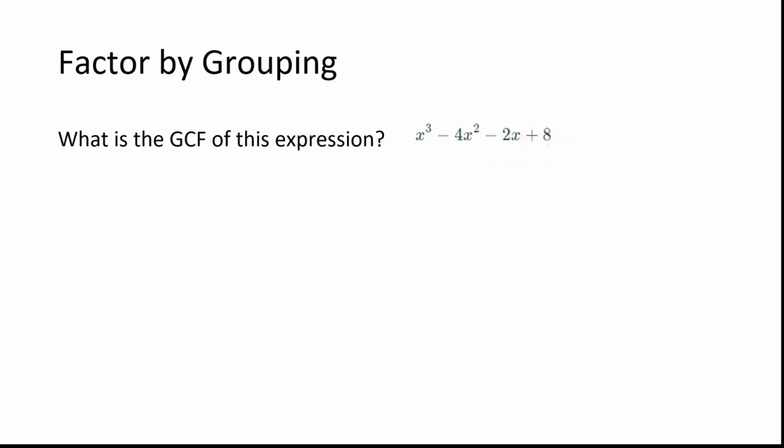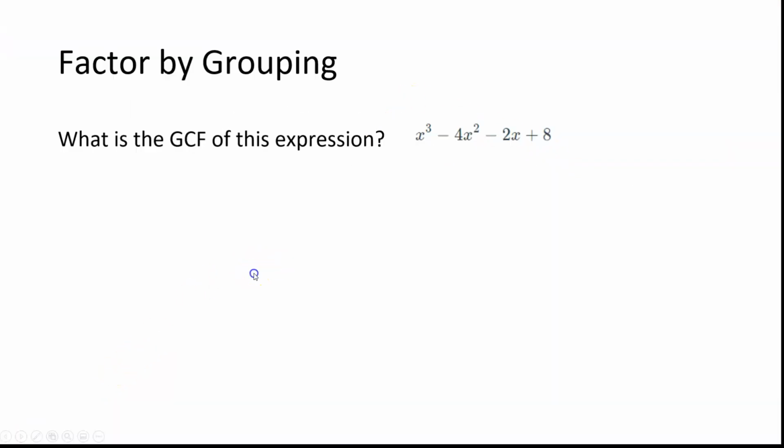So x cannot be the greatest common factor here. And then I'm going to look for numbers. Well, the greatest common factor of x cubed, that is a number, is just 1, right? They don't have any other numbers that go into it. So there's no number shared between all 4 of these terms.